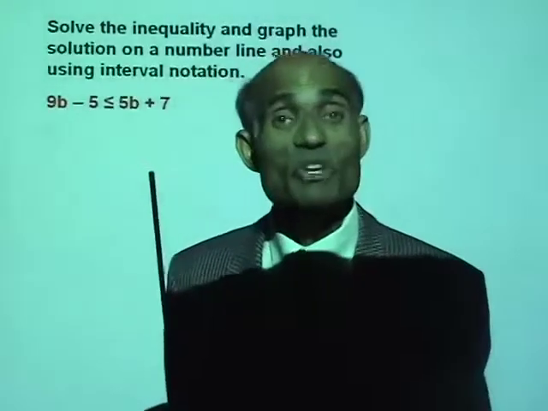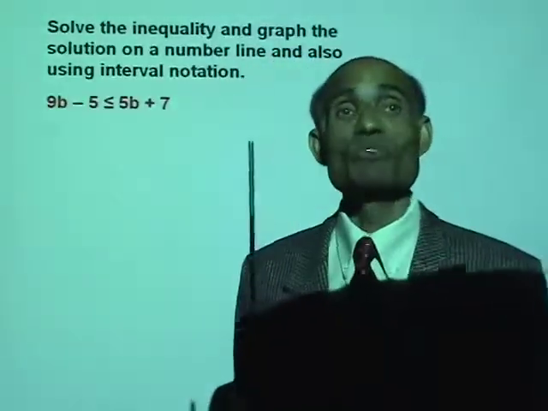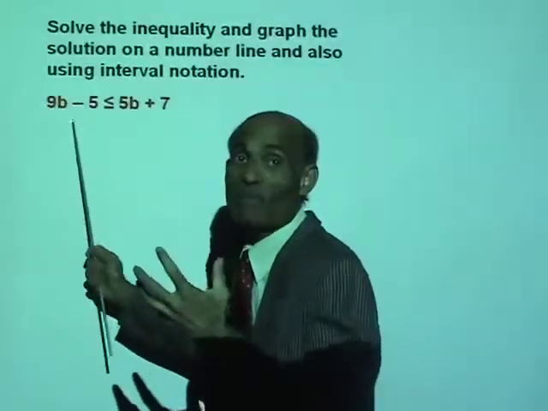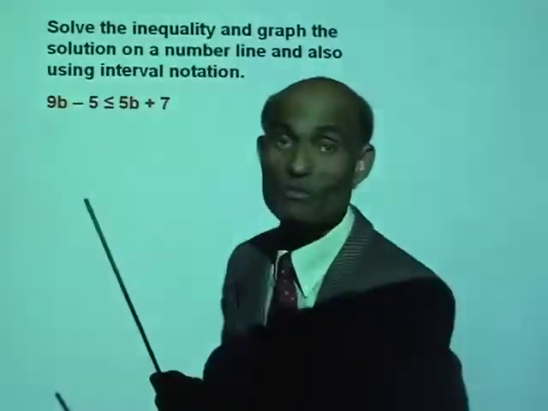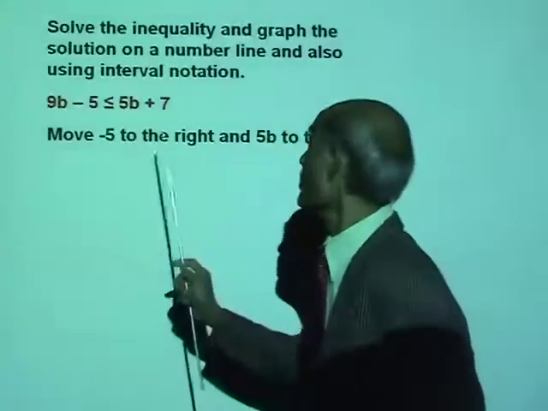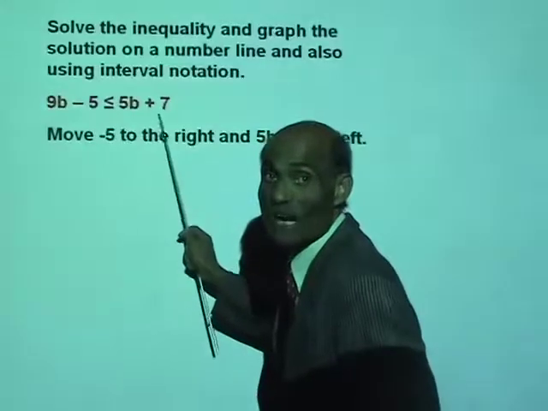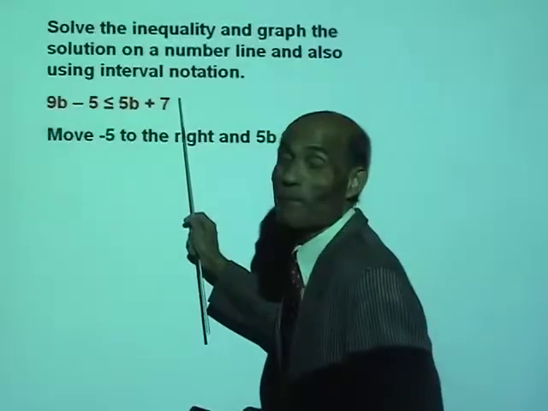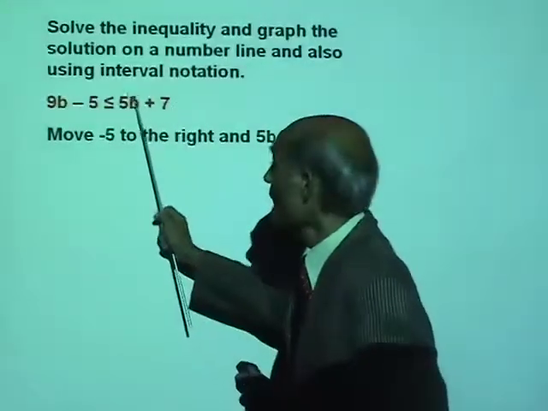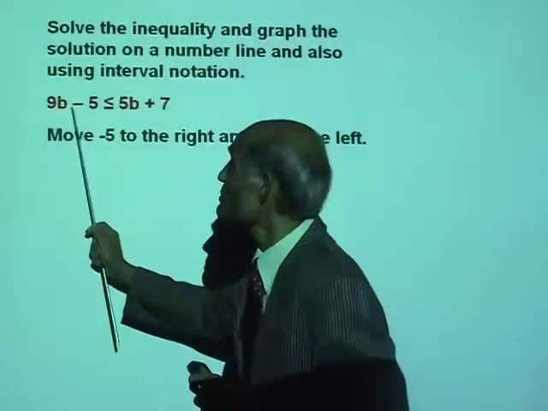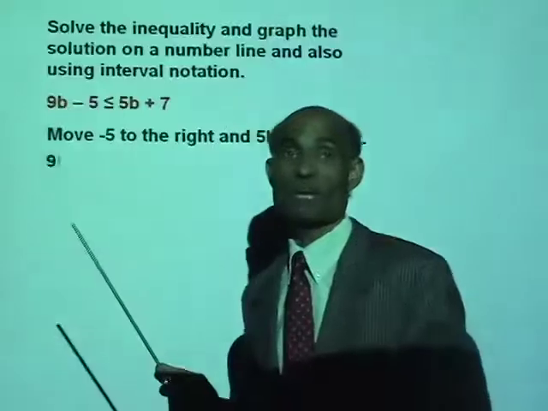Well, just like we do for an equation, we first move the variables to the left and the numbers to the right. So what will you do here? Move -5 from the left to the right. What will it become? It will become positive 5. And 5b from right to the left, it will become minus 5b.